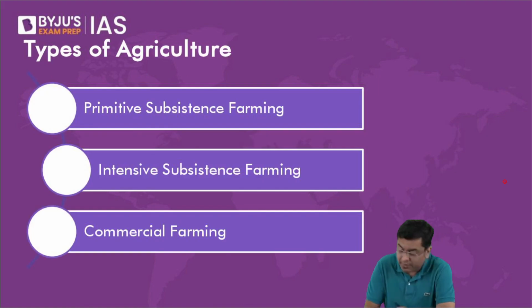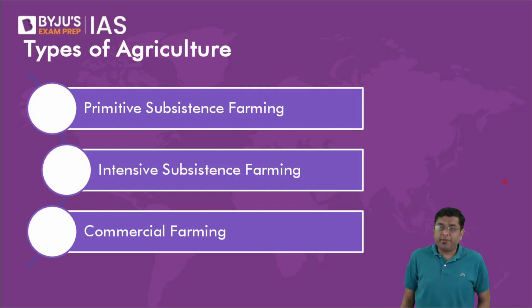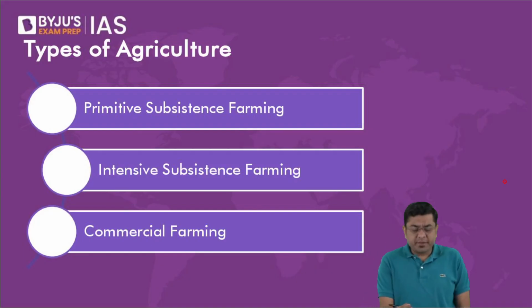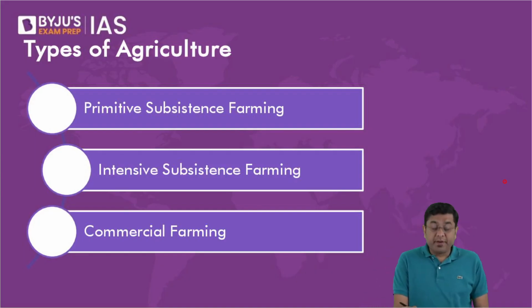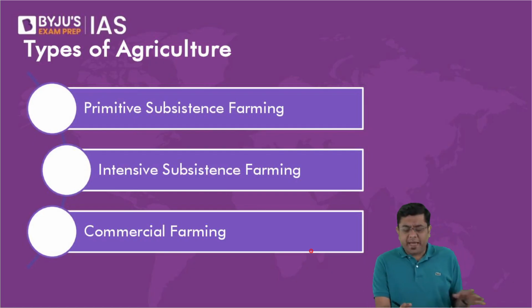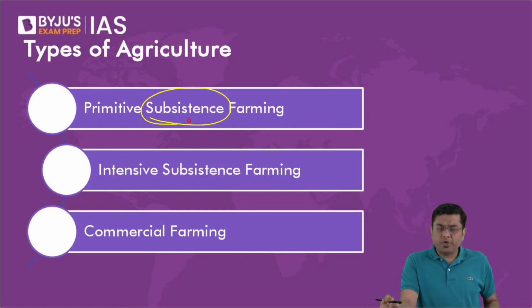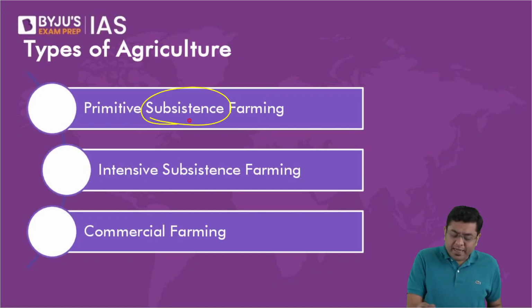When we talk about the methods of agriculture, the types of agriculture carried out across the world, you will come across primitive subsistence farming, intensive subsistence farming, commercial farming. Now, these are various names. As of now, it might not make much sense to many of you. So understand the basic meaning. Subsistence. What is the meaning of subsistence?